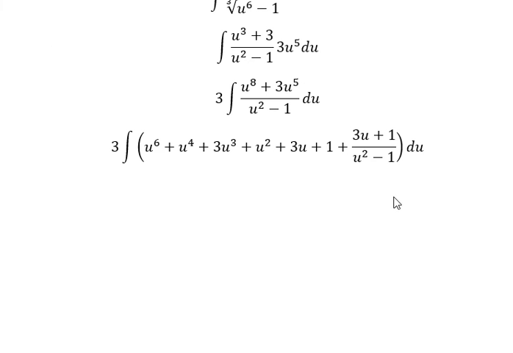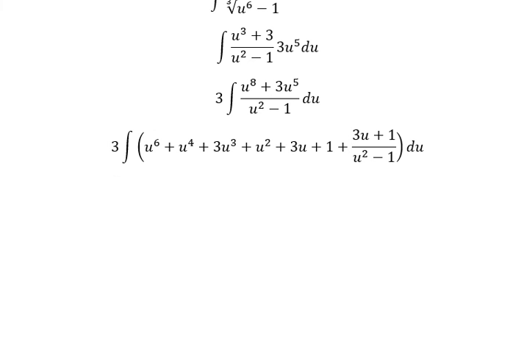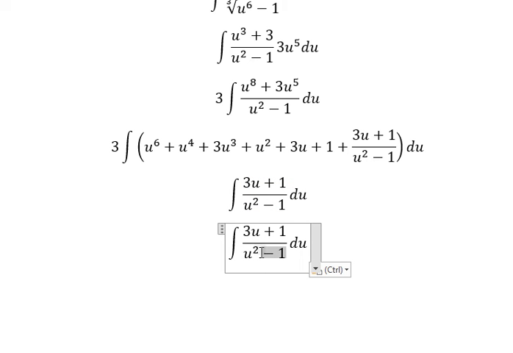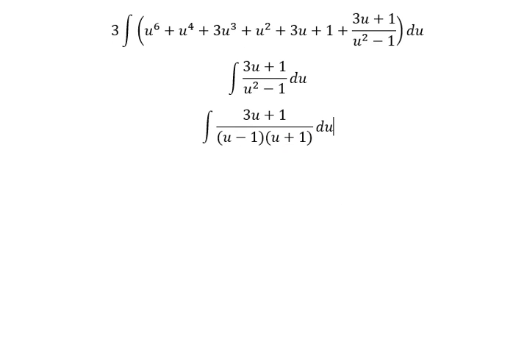Now I will concentrate on this one. So u square minus 1, this is an identity, so we put u minus 1, u plus 1. Now we can use partial fractions.